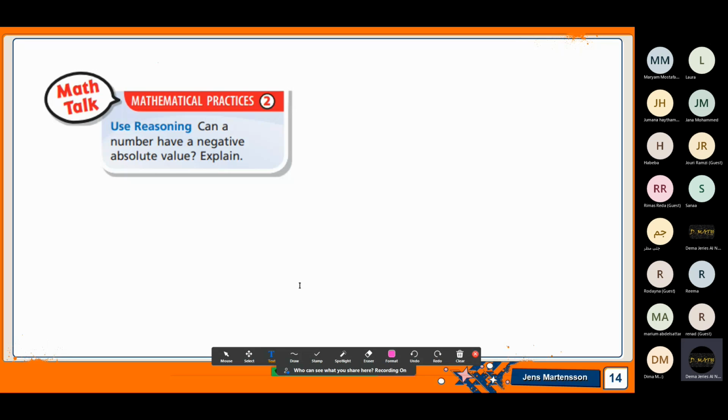No, I mean, just a minute. Now, what's the definition of absolute value? It's the number of spaces a number is from 0. Yeah, so it's a distance. Can a distance be negative?